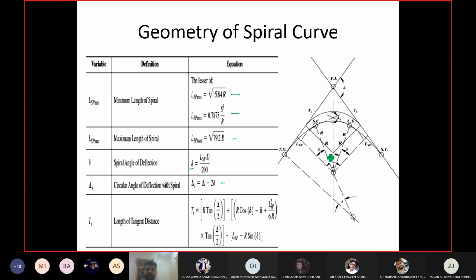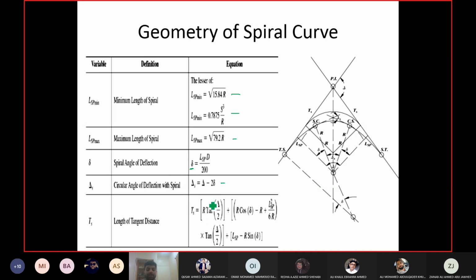Now if you want to calculate the angle made by the circular curve, then it will be capital delta, which is the total angle, minus small delta from here and small delta from here. So the deflection angle of the circular curve will be capital delta minus 2 small deltas. And these small deltas are the deflection angles or the angles made by the spiral curve.